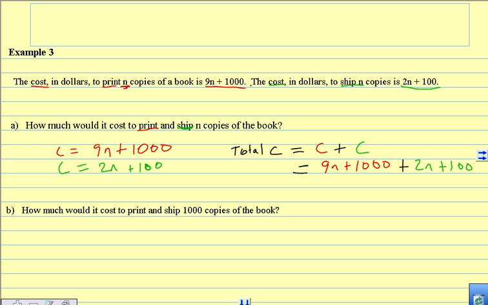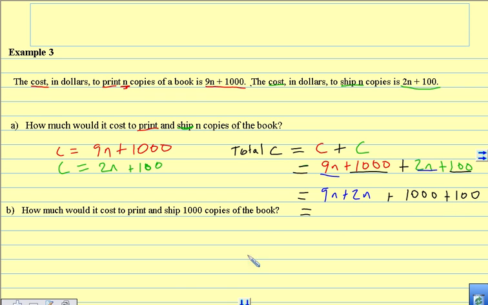Alright, so if I'm looking at 9n and 2n, that's going to become 9n plus 2n, and then if I'm looking at the plus 1,000 and plus 100, that's going to become plus 1,000 plus 100.